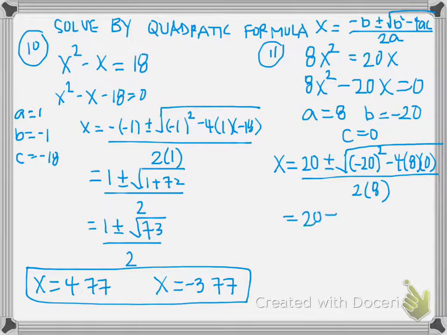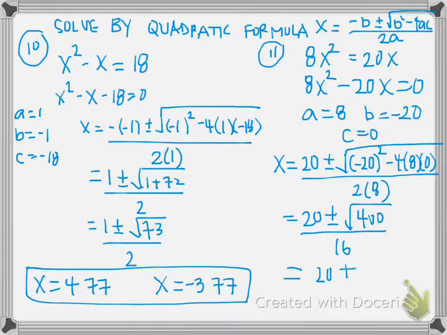So this will be 20 plus or minus, what's that, 400? And then that's 0, so it's going to go away. And then 2 times 8 is 16. So square root of 400 is actually 20.